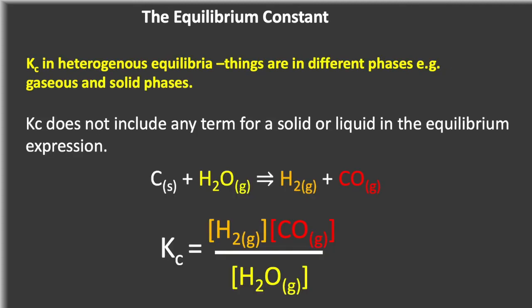For heterogeneous equilibrium, we have our reactants and products in different phases. So that's an example that we have there. And we don't include in Kc the terms for any solid or liquid. So we have our example there, and you can see that carbon is a solid, so we exclude carbon from Kc, and we will only focus on carbon monoxide, hydrogen and H2O.